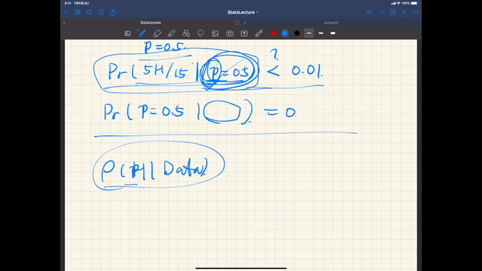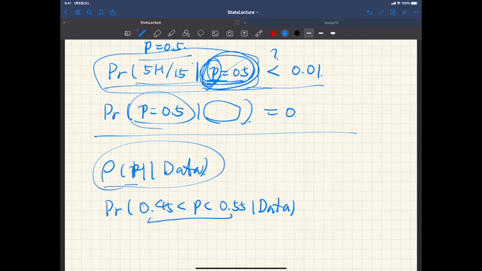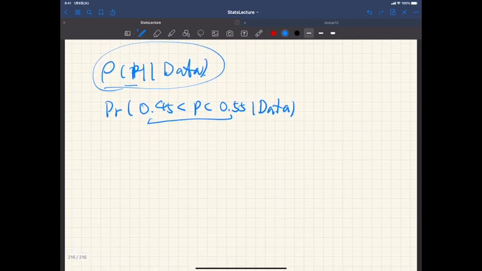So for example, it is possible to calculate the probability that p takes a value between 0.45 and 0.55, given the data. This may not be 0 because it has some interval, right? So this looks more reasonable in my opinion.